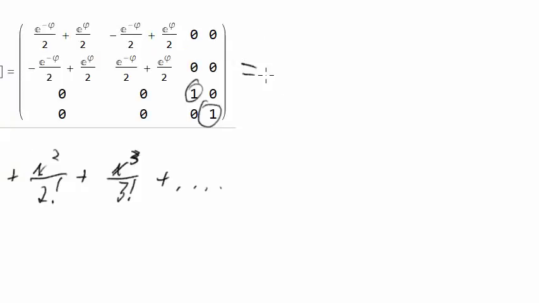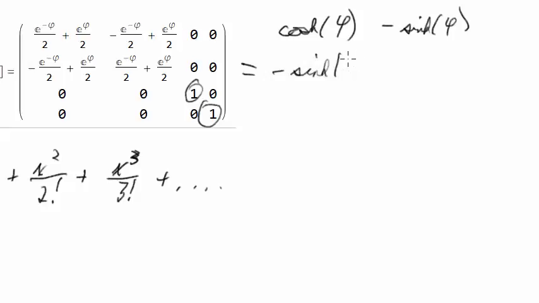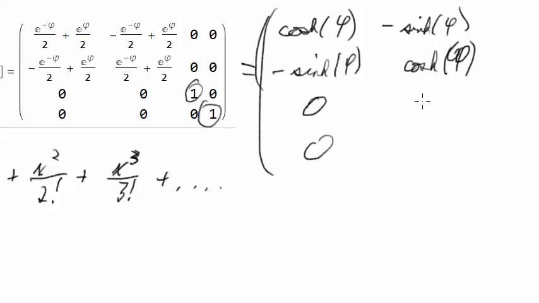Moving on. This matrix is cosh var phi, or curly phi, negative sinh var phi, negative sinh var phi, and cosh var phi. And this, then we can put 0, 0, 0, 0, 0, 0, 0, 0, 1, 1, 0, 0.